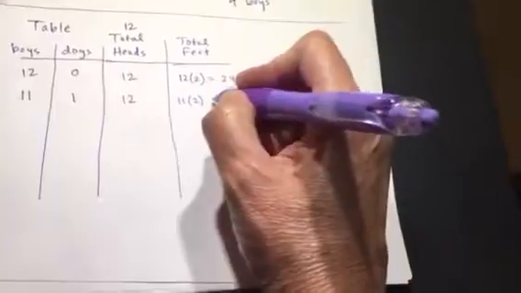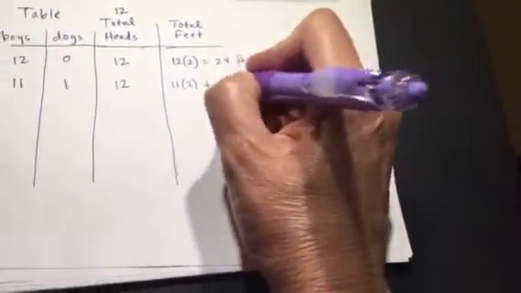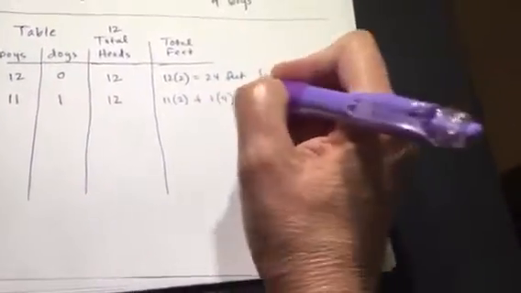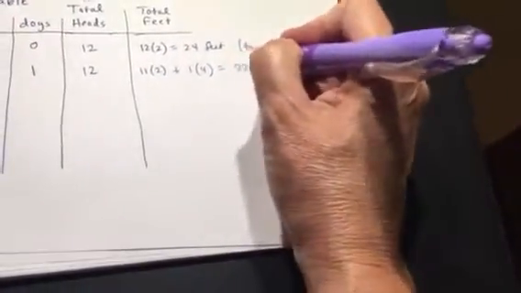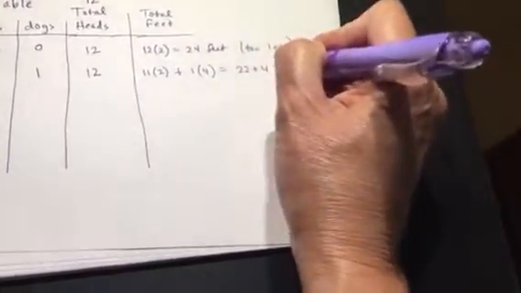Well, maybe there are 11 boys, and that would leave how many dogs? 1 dog. That's 12 heads. For the total number of feet, 11 times 2, because each boy would have 2 feet, plus 1 times 4, for the dog having 4 feet, that's 22 plus 4 is 26, 26 feet.